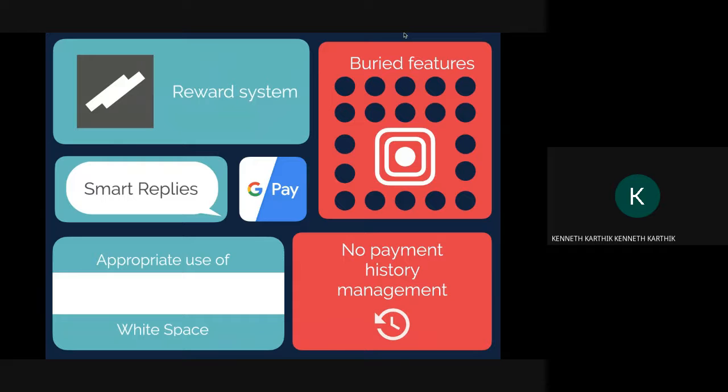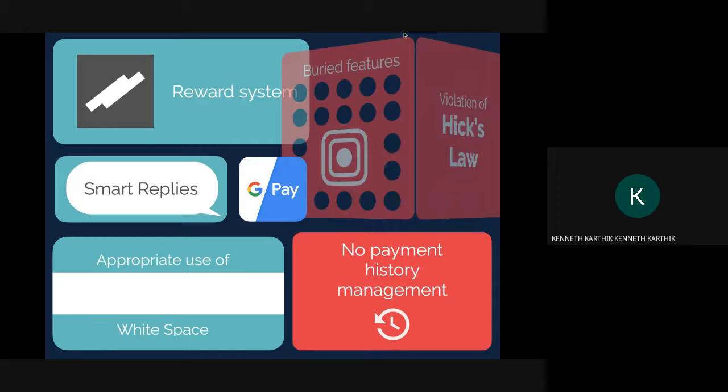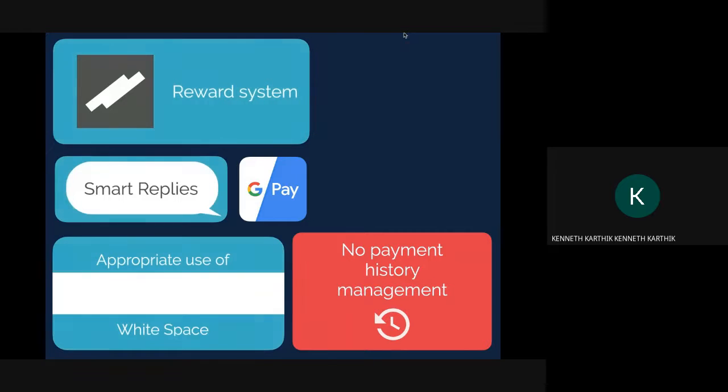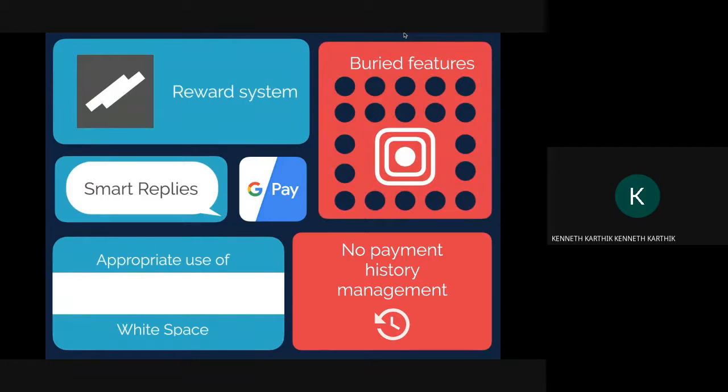It was most probably because they used the one card they had just to show all of your recent transactions. That is a good example of a violation of Hick's law. All of these laws I'll be talking about later on, and how I made a solution for this. So, moving along, it was buried features.